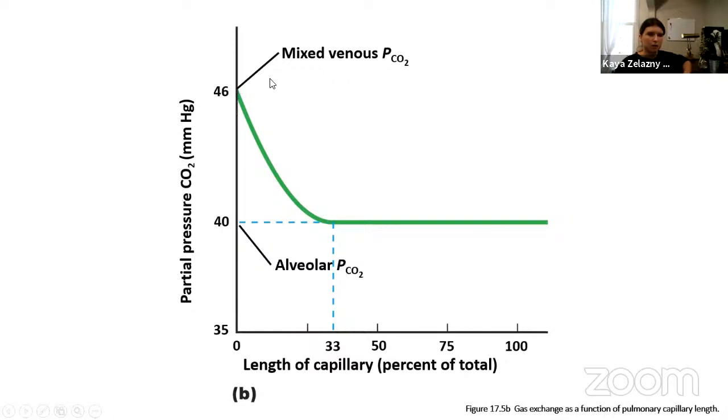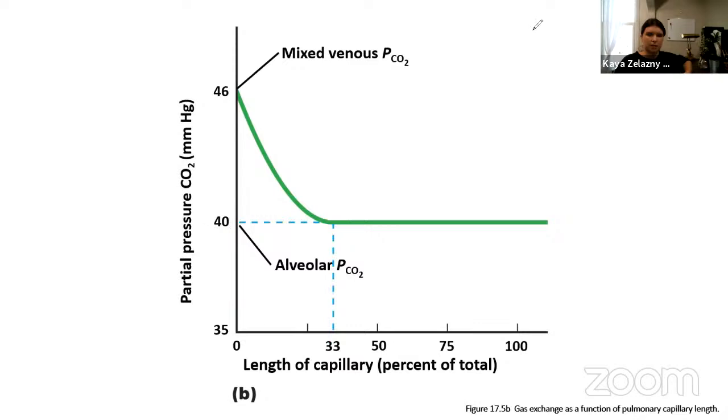As we reach the lungs, this drops down to reach equilibrium, specifically to a partial pressure of 40. That is the partial pressure of carbon dioxide in our alveoli, and we again reach that in about a third the length of the capillary.